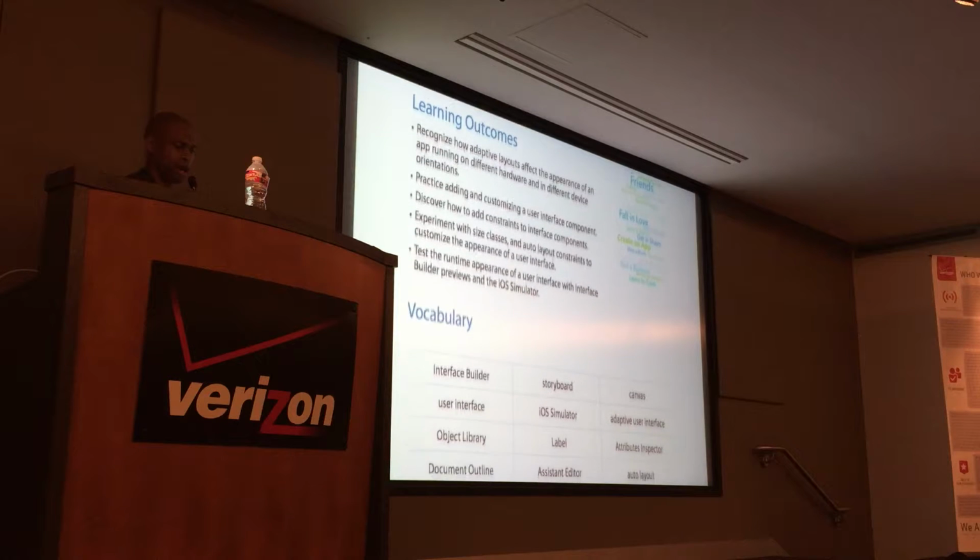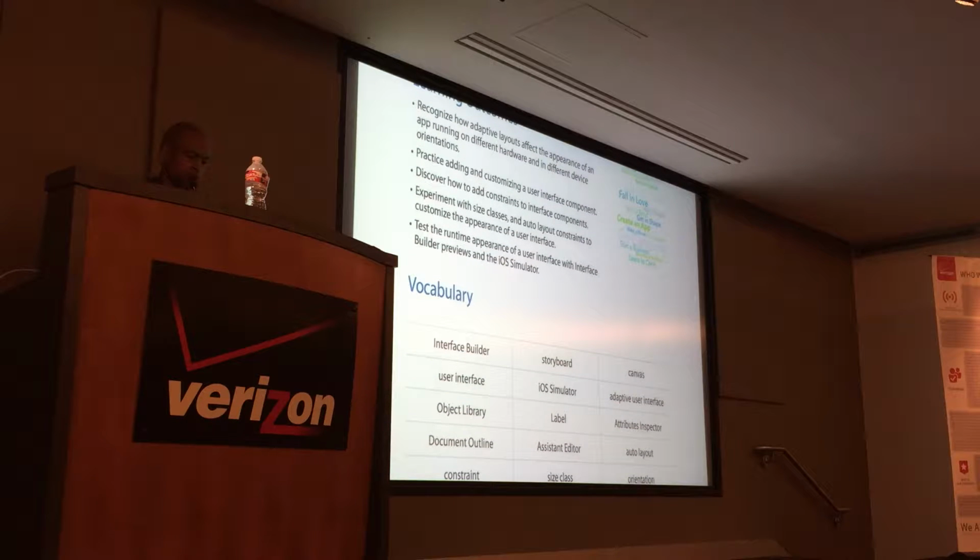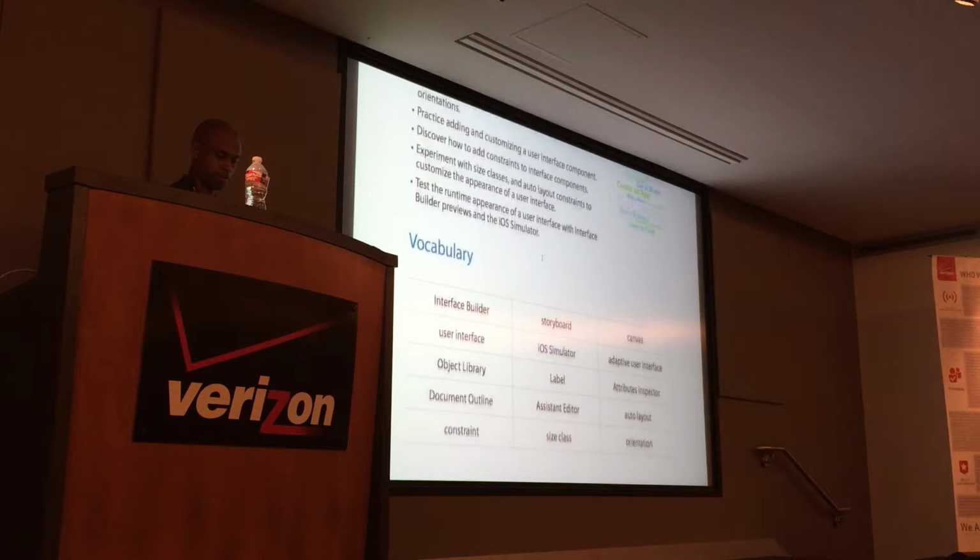So we're going to practice adding and customizing a user interface component. Discover how to add constraints to interface components, experiment with size classes and auto layout constraints to customize the appearance of the user interface. And we're going to test the runtime appearance of a user interface with interface builder previews and the iOS simulator.